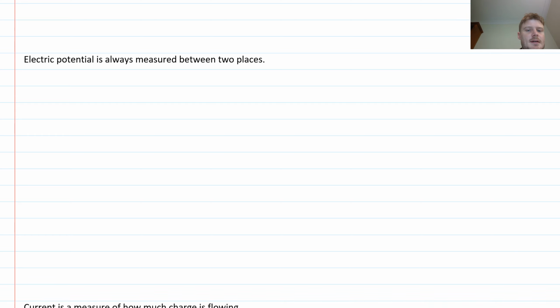So if I have an instrument that measures voltage, let's say a voltmeter, that instrument is always going to have two wires that come off it, or 2 points. And we will measure the potential from one location. I can plug this into some part of my circuit, and it will measure the voltage, say, from one point to another point.